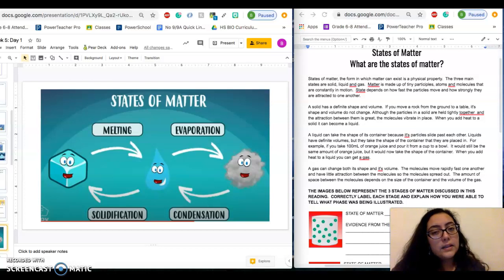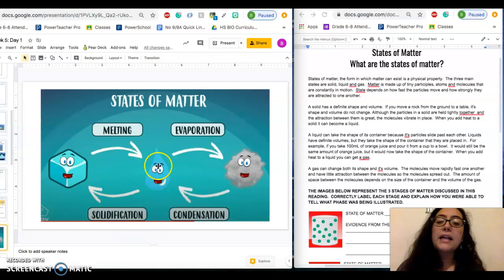And let's quickly go over how we get these three different stages. So let's start with what we're familiar with, ice. Ice is a solid. When you add heat, it's going to melt and turn into water, or liquid.